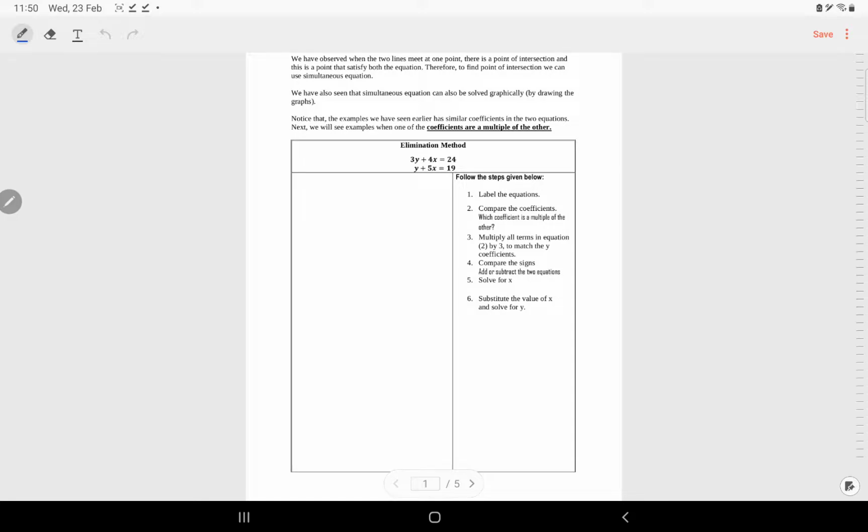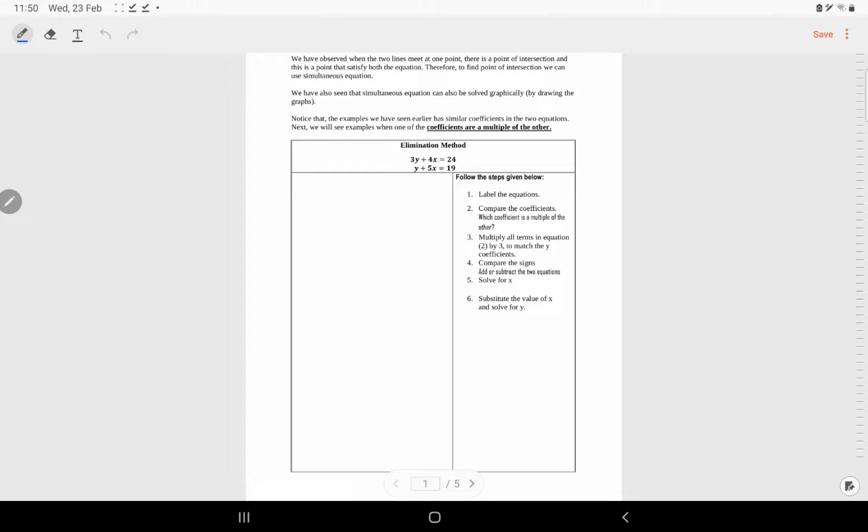By drawing the two graphs, we saw two lines meet. Where the two lines meet is what we call the point of intersection, and again that is the solution to simultaneous equations.